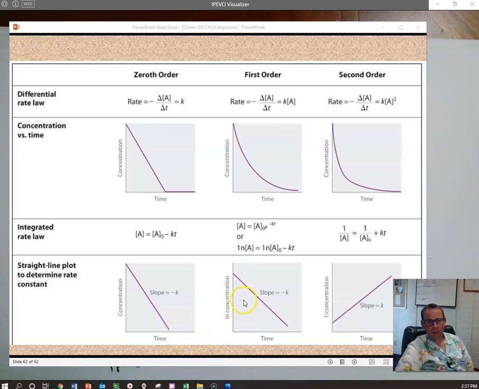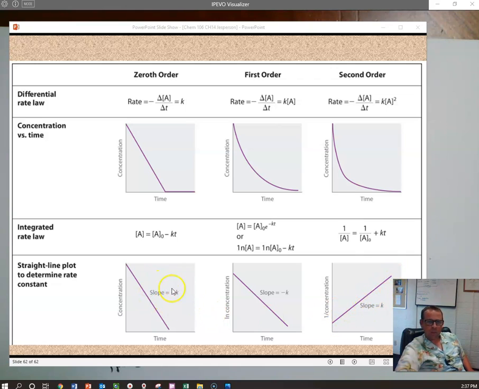If we plot the natural log of the concentration versus time for a first order reaction, that's how we get a linear relationship. And on this second order one, we have to plot 1 over the concentration versus time. And now when you do 1 over, the slope is going to go an opposite direction, right? But this will be a linear relationship.